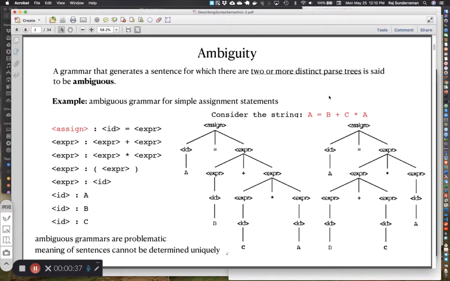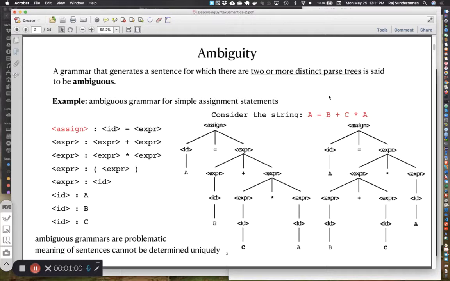We have seen context-free grammars in the previous set of videos. That's a very precise and relatively easy mechanism to describe the syntax of programming languages. If you recall, the definition of a grammar: it contains a set of symbols.